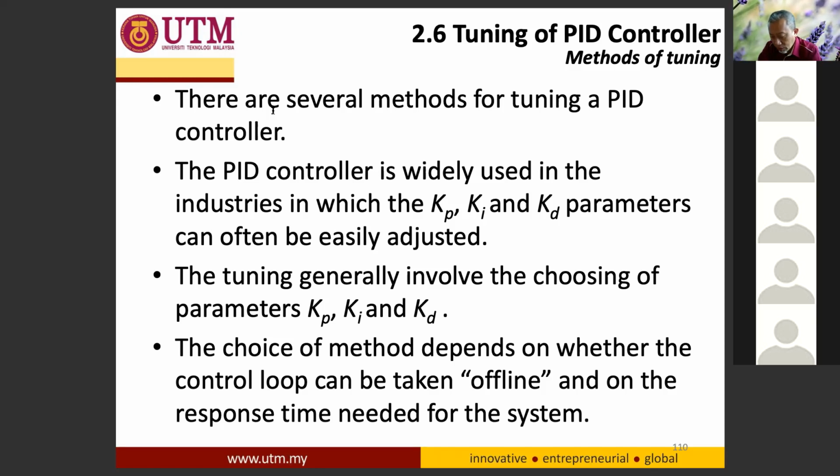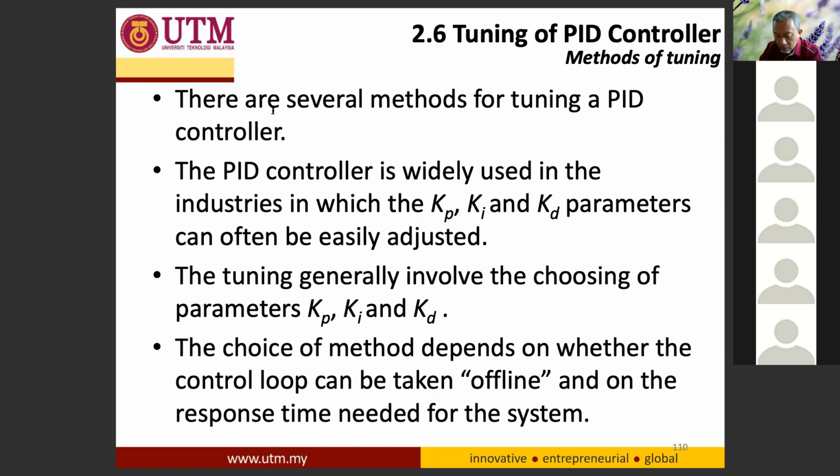Because as you know, the PID controller is the controller that will fasten the transient response and reduce the steady state error to zero simultaneously. So it has two tasks that must be performed together in order to achieve the spec design stated in the problem.